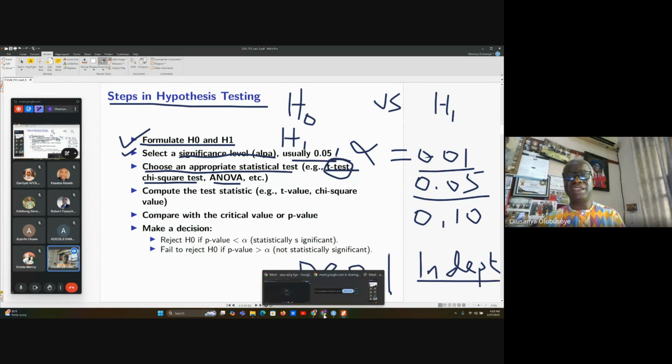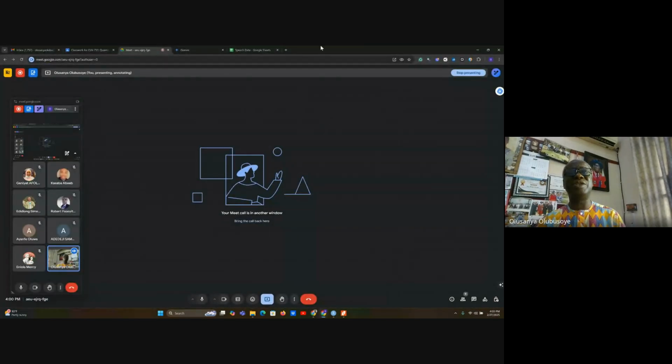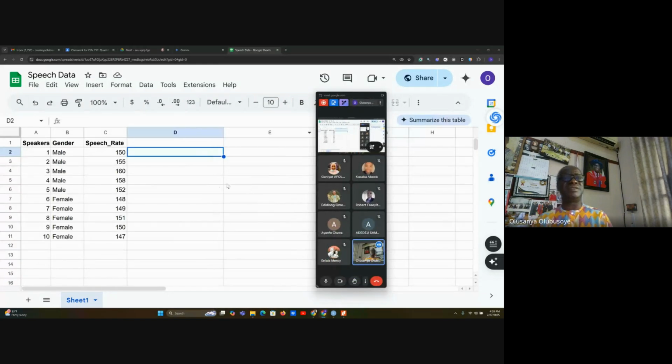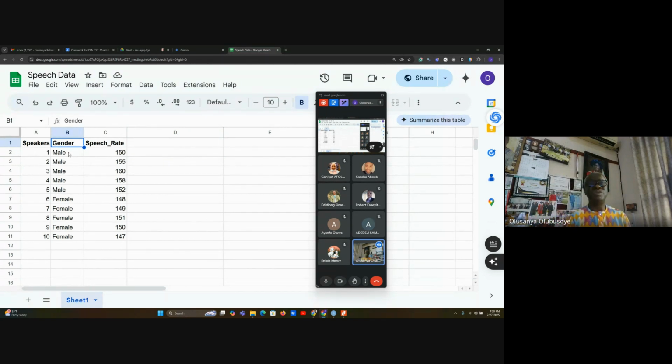So if we go back to our data, the data that I showed you regarding the speech rate, in this case, the variable that we are trying to explain is the speech rate.